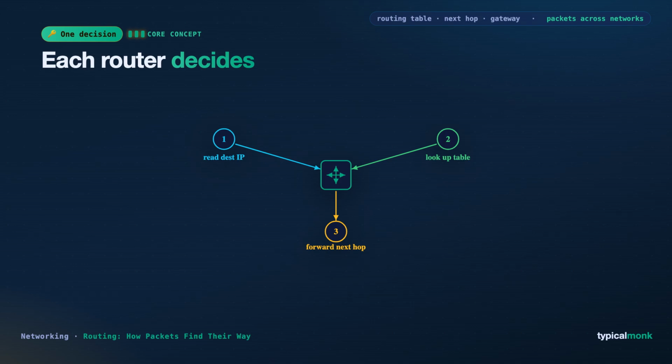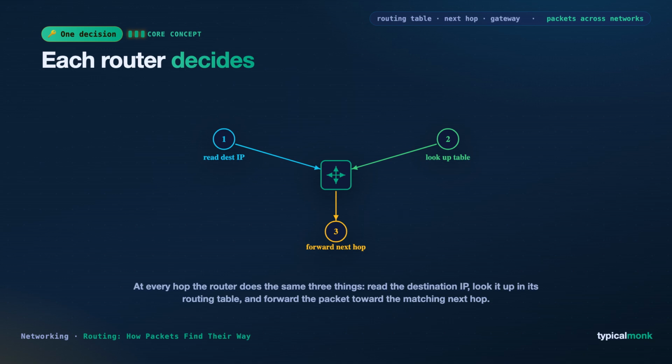The power of routing comes precisely from this simplicity and uniformity. Because every router follows the same tiny procedure, they interoperate seamlessly, and packets flow across countless independently operated networks as if it were one system. A simple rule, repeated everywhere, produces global connectivity. So the takeaway: at every hop a router performs the same three steps.